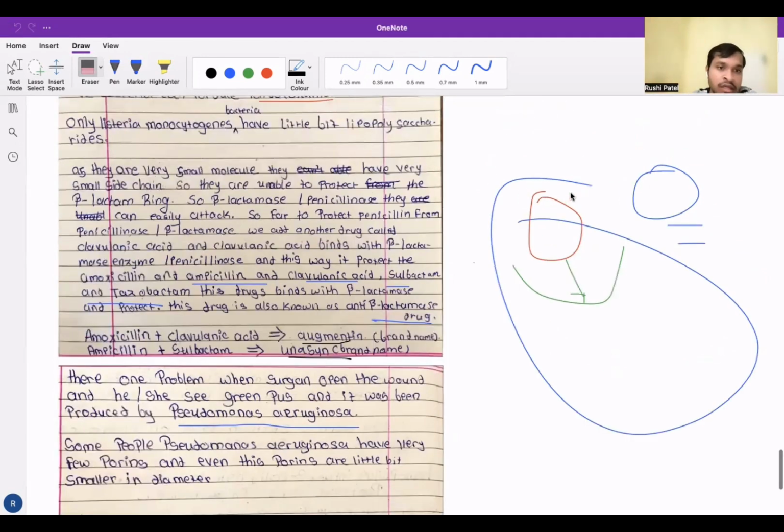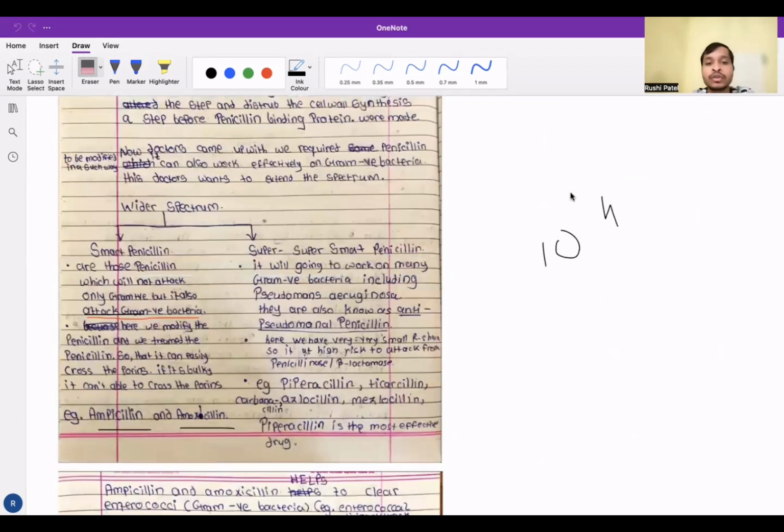The smart penicillin fails because of the porin diameter. The super penicillin works on many gram-negative bacteria, including Pseudomonas aeruginosa.